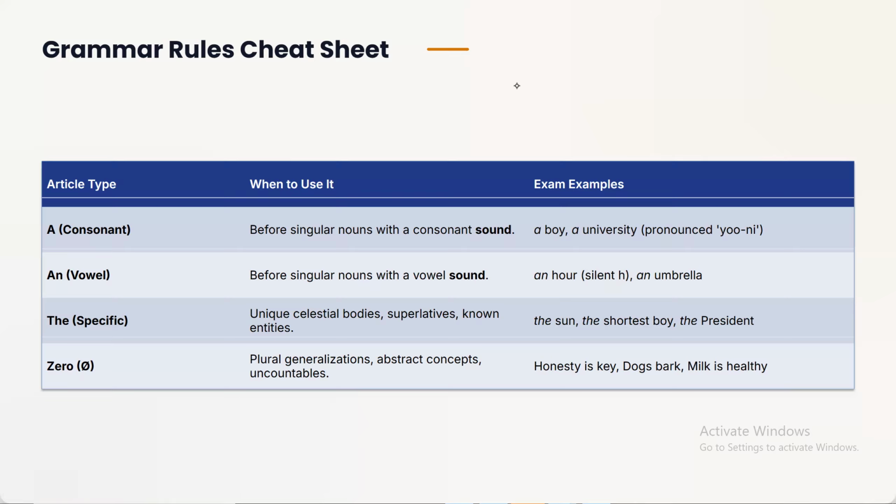Secondly, an hour. The H is completely silent, so we have our. It's like a vowel. Some people will say it starts with H, but here you can listen. The H is silent there. We can simply hear our, and our is a vowel sound, so it is an hour, not a hour. Please always pay attention to the sound here.